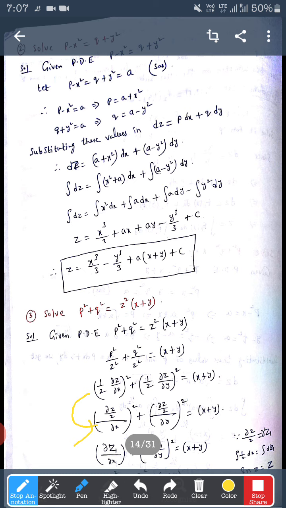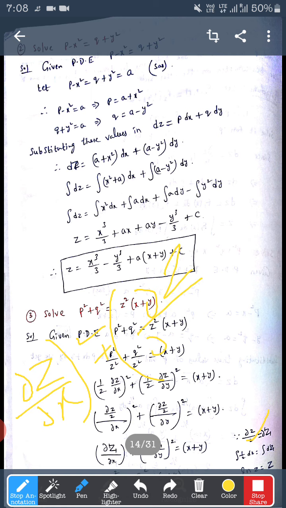In place of ∂z by z, we write ∂capital Z. Remember this point: in place of ∂z by z, we write ∂capital Z. Therefore, this equation transforms into the form (∂Z/∂x) whole square plus (∂Z/∂y) whole square is equal to x plus y.